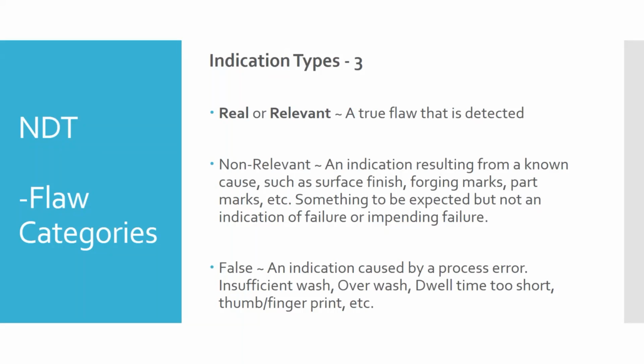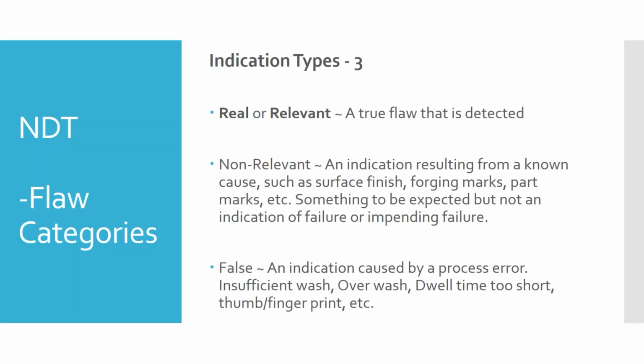You pick up a part while you're performing NDT on it and you leave fingerprints all over it. That's a false indication. Or you didn't clean the part properly and something on the part reacted with your chemicals or your test equipment. That's a false indication.